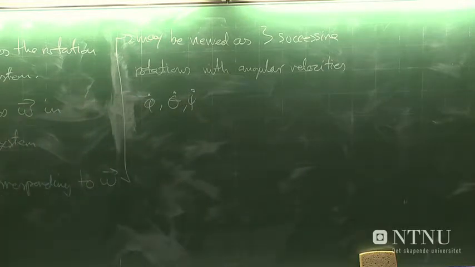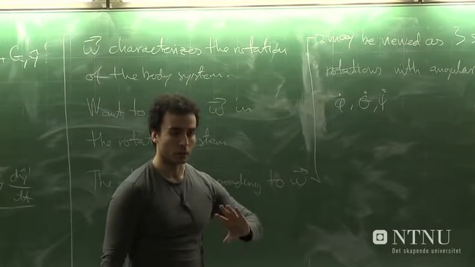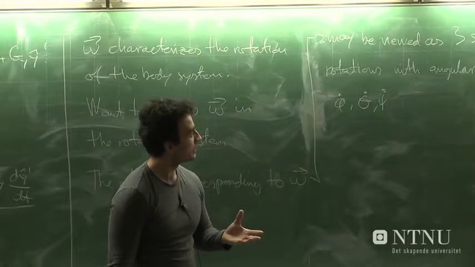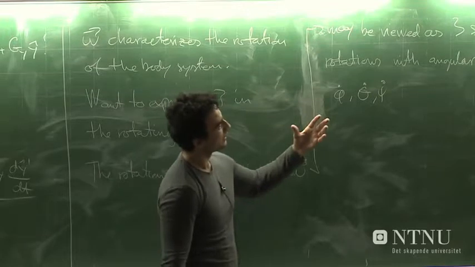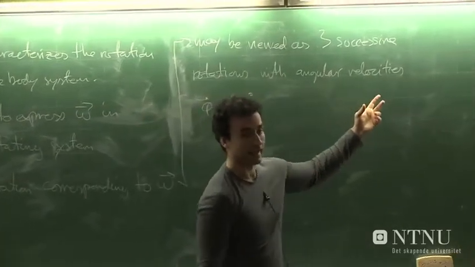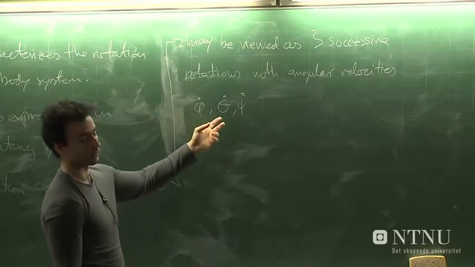Since we have seen that a general rotation in 3D may be expressed through these three Euler angles, phi, theta, and psi, then the angular velocity of a rotating object should be possible to express by means of three successive rotations that have angular velocities phi dot, theta dot, and psi dot.